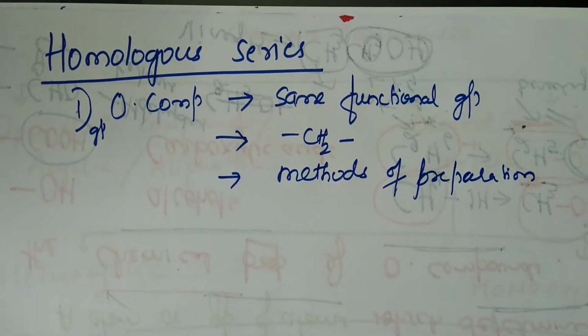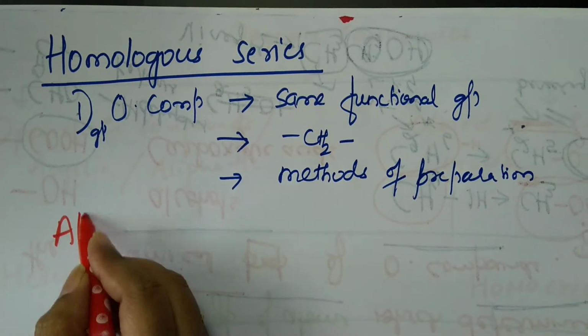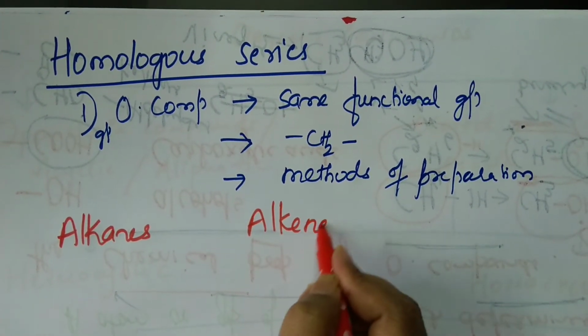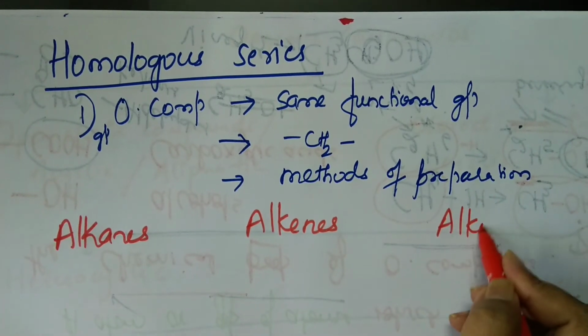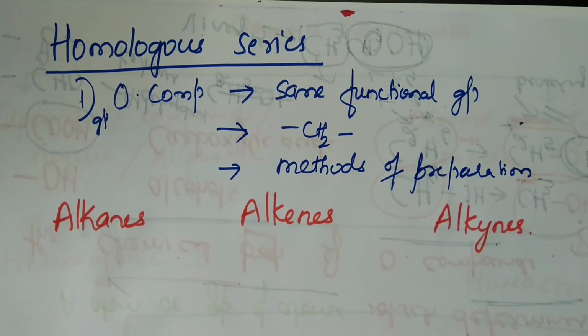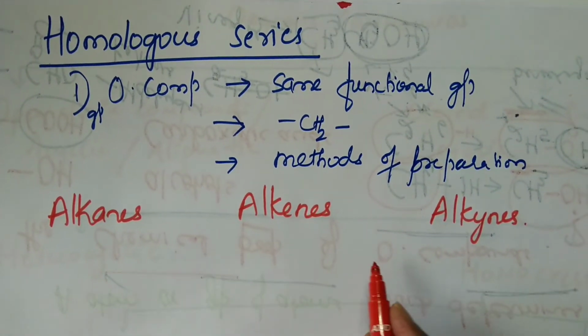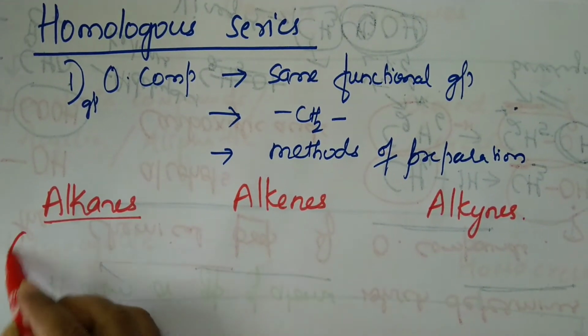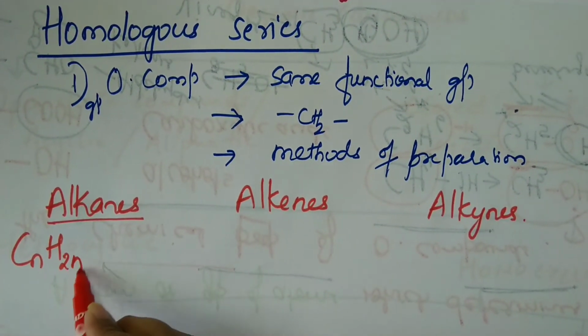In the lower class you have studied about alkanes, alkenes and alkynes. I think you have also studied alcohols, right? So we will just take up alkanes. What is the general formula of alkanes? CnH2n+2.